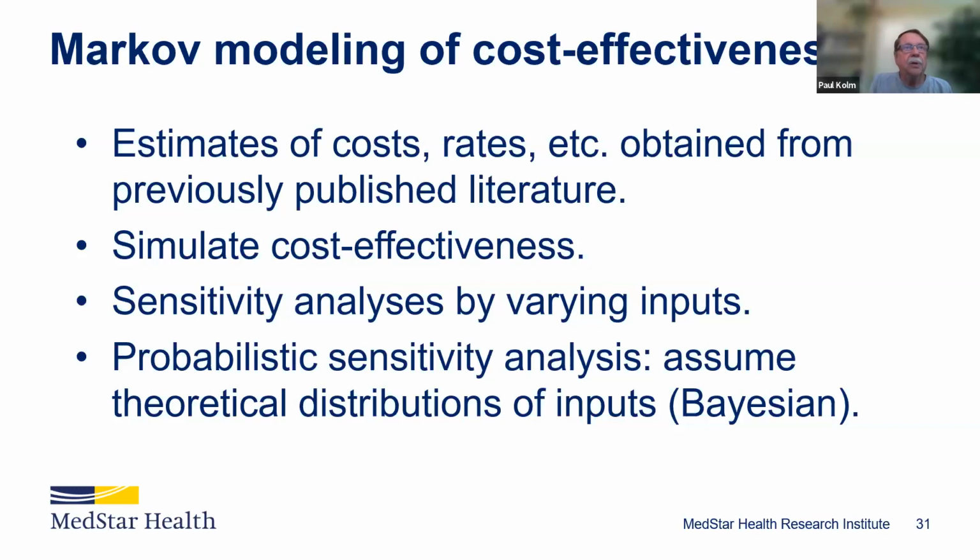And what we're going to do is a simulation study of cost effectiveness and sensitivity analyses. In the same way, we're going to vary the inputs. And then I want to, at the end, talk about probabilistic sensitivity analysis, which is essentially a Bayesian analysis where we're going to make some assumption about the distribution of both costs and events.